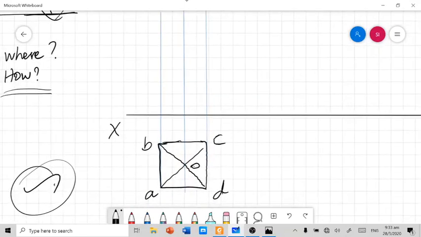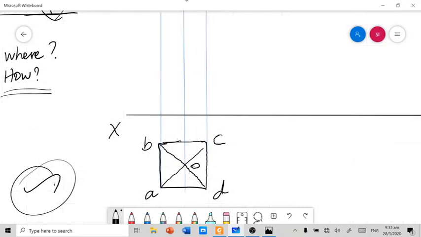Here, for your understanding, I am making dots to mark the base corners in the front view. This is A dash and B dash, there C dash and D dash. Out of A dash and B dash, B is hidden when you view it from the front. Out of C dash and D dash, C is hidden when you view it from the front.